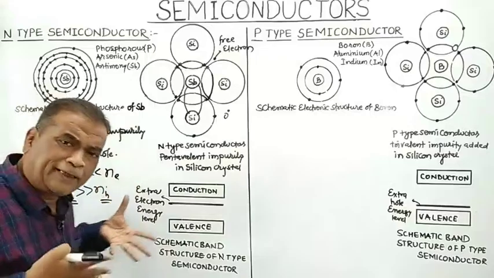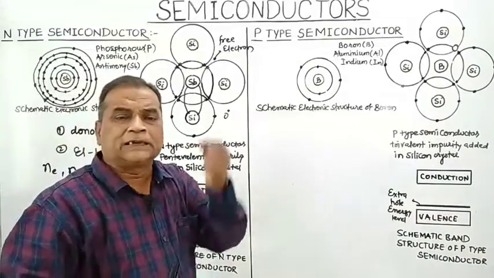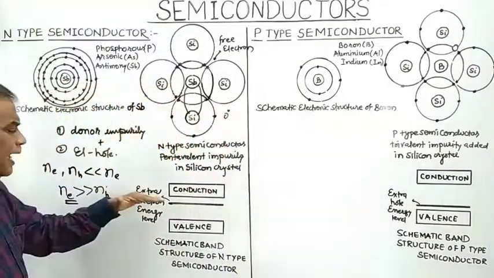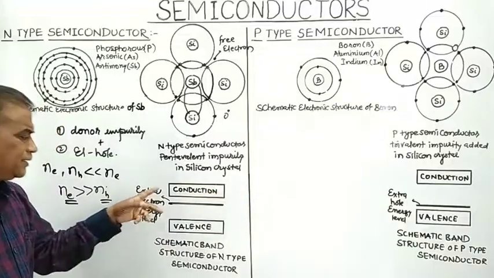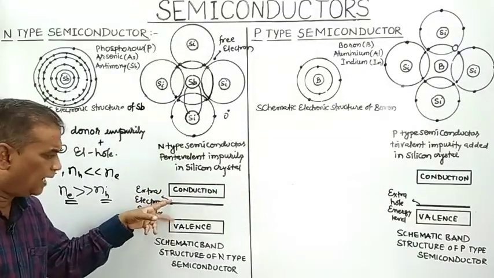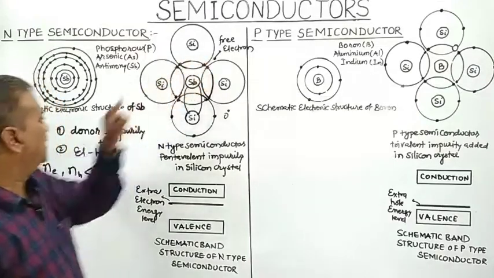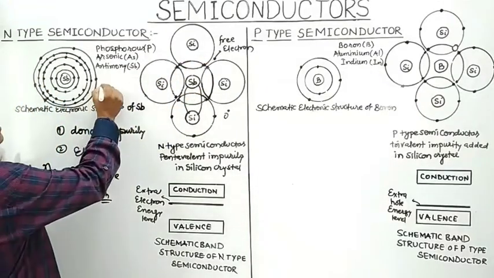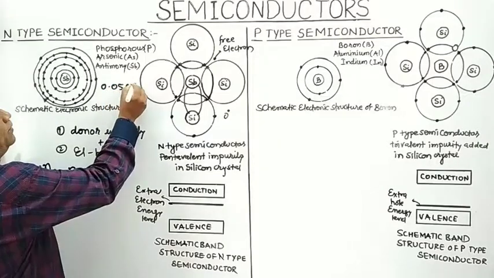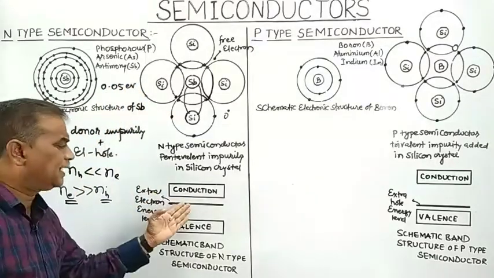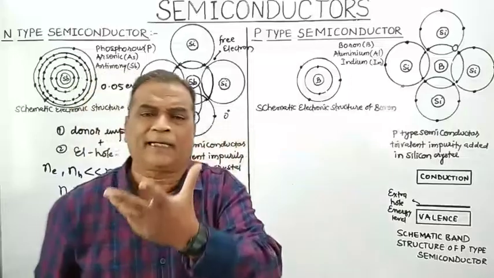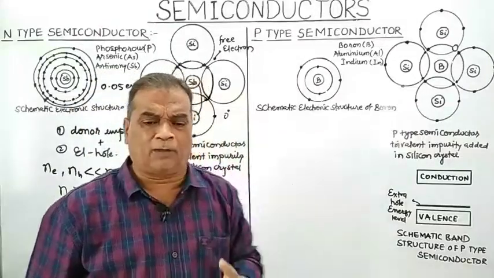Whenever an impurity atom donates an electron, the donated electron has an energy level in the energy gap near the conduction band, so that on receiving a very small amount of energy, 0.05 electron volt, these electrons can easily be made available for conduction of electricity.